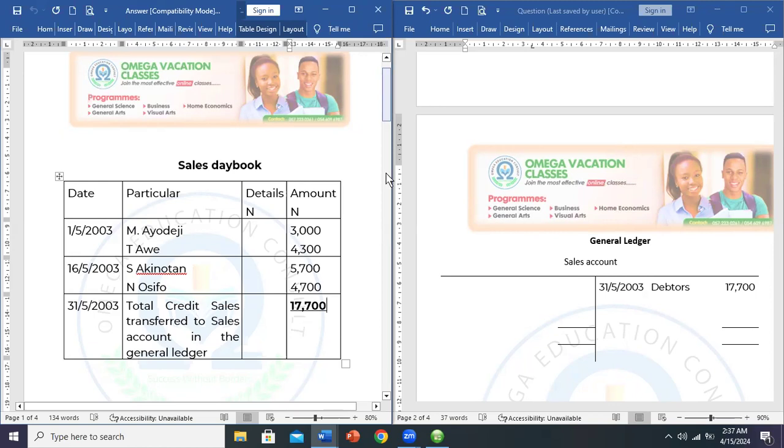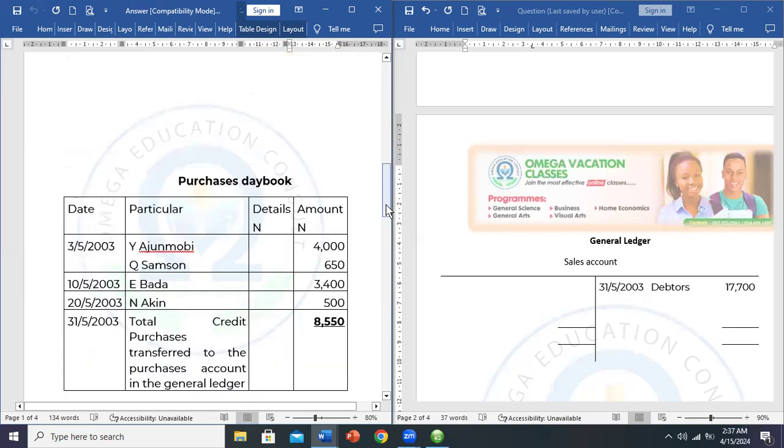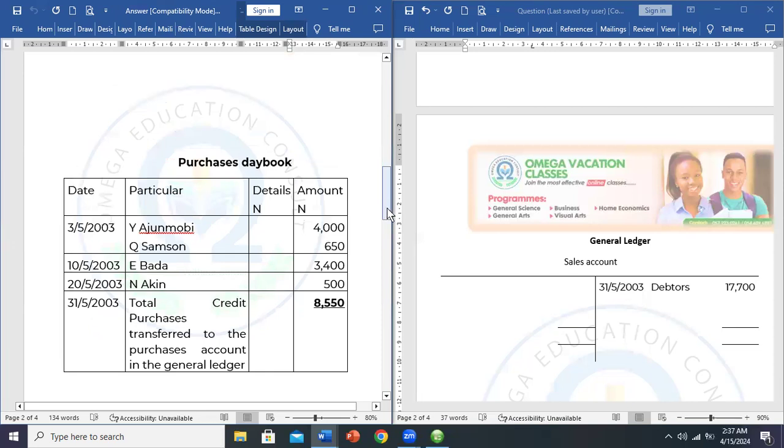The next one is the purchase day book. So let's do some kind of logical reasoning here. If the entries in the sales day book went into the sales ledger, then entries in the purchase day book would also go into which ledger?